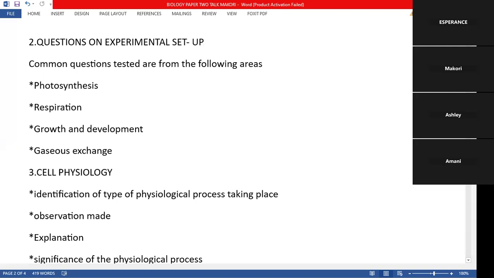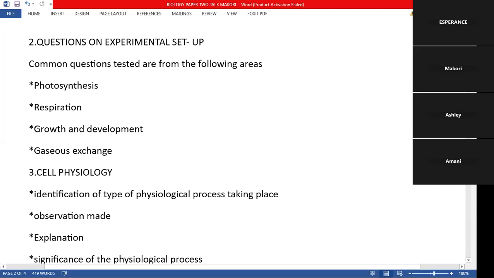Like photosynthesis. Here, you normally get many questions on photosynthesis, those experimental questions that normally cover the factors or conditions that are necessary for the process of photosynthesis.